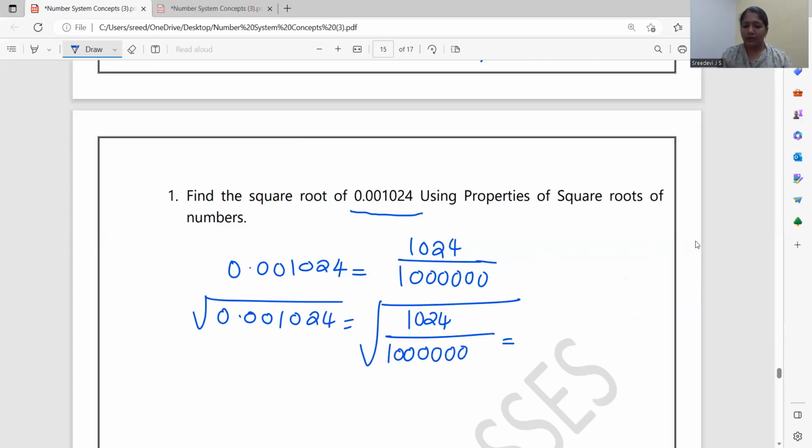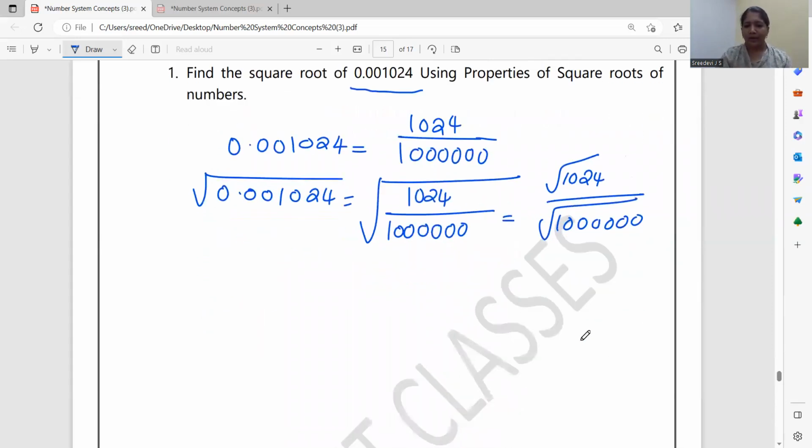Okay. So here you will get square root of 1024 by square root of 10 lakhs. Now we will find the square root separately. According to the property, we can split and write square root of 1024 by square root of the denominator number. So what answer will you get? 1024, you know what is the square root of that? You can use prime factorization or any other method.